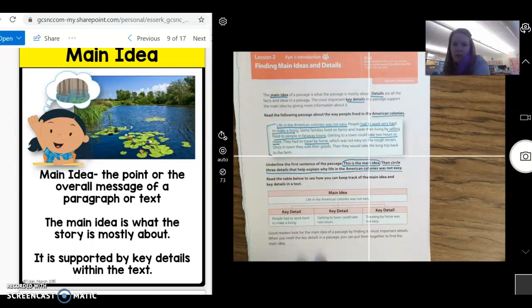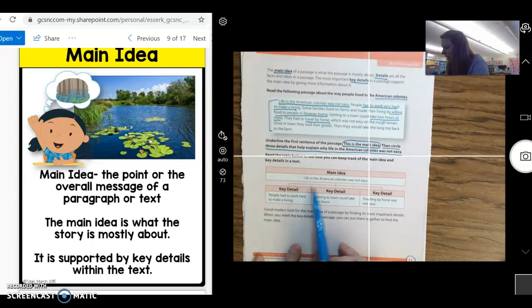There's definitely a lot of things on here that would make it difficult. Let's see if we got them right. The main idea was that life in the American colonies was not easy. And the details were people had to work hard to make a living, getting to town could take 2 hours, and traveling by horse was not easy.